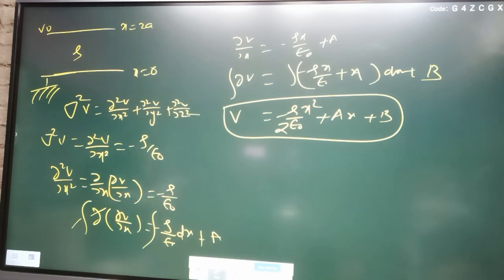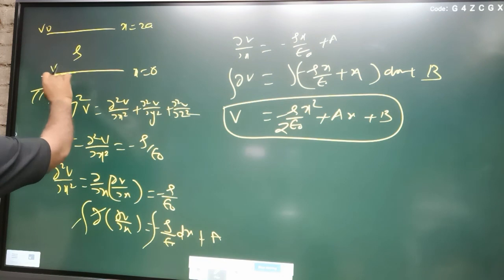Okay. At x is equal to 0, V is equal to B. At x is equal to 0, V is equal to 0.